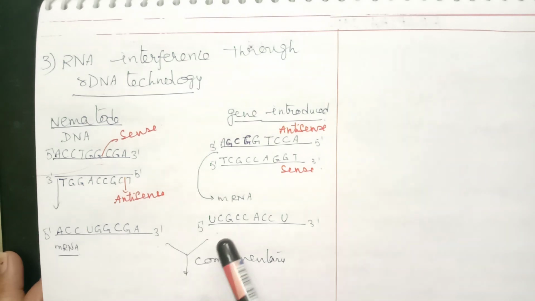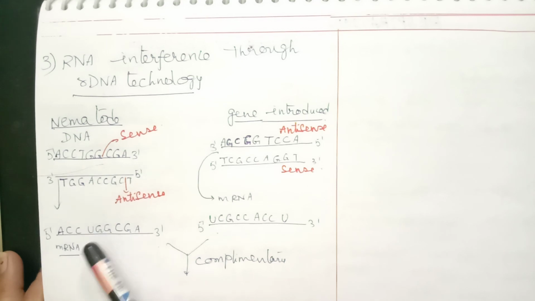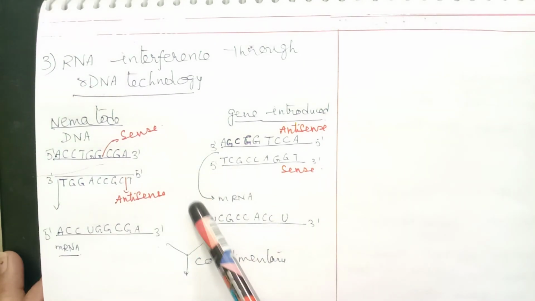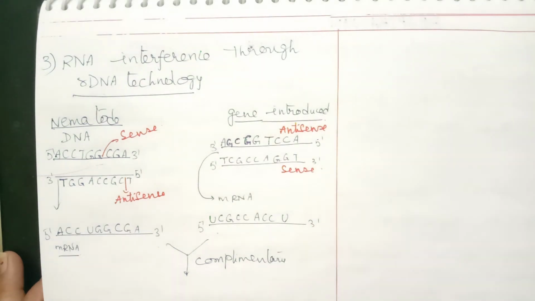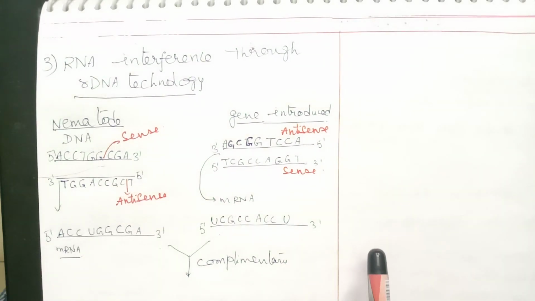Now if you observe both these strands, the target mRNA and the mRNA synthesized from this introduced gene, we find these two are complementary to each other. If you observe carefully and write it, you will find both are complementary to each other.